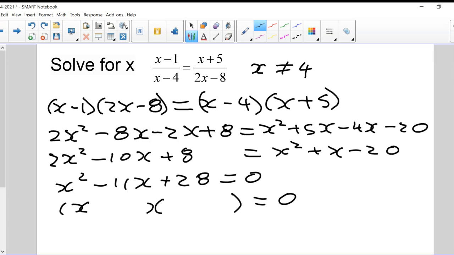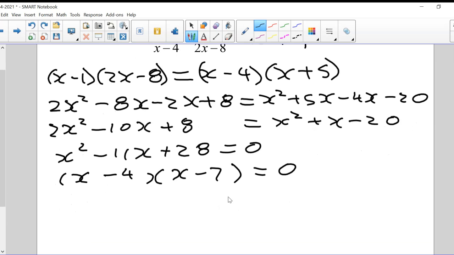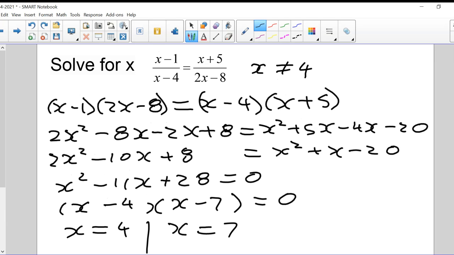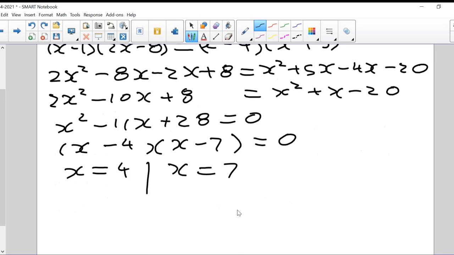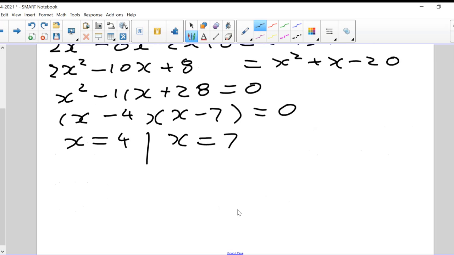I know I'm going fairly quickly on this one. x minus 4, x minus 7. Right? So therefore, x equals 4, x equals 7. But this is a case where we knew x could not be equal to 4. So what we need to do is to say, as much as this looks good, this one gets a big red x. This is what we call an extraneous root.